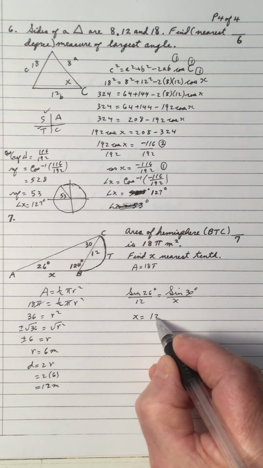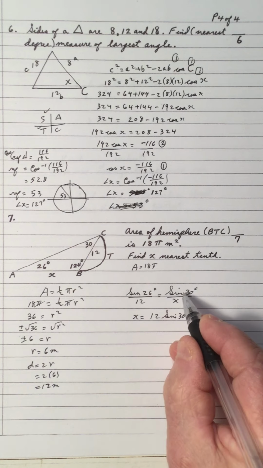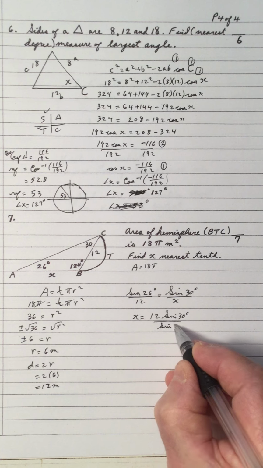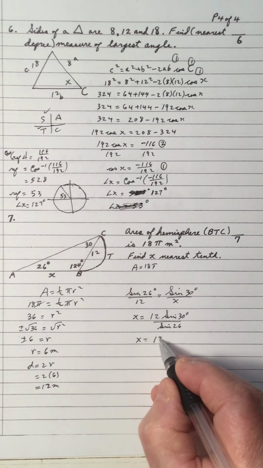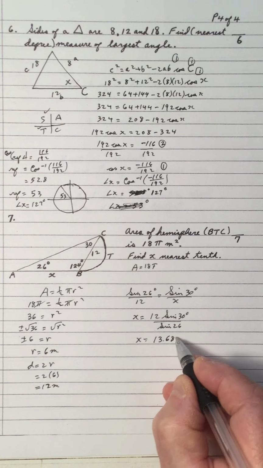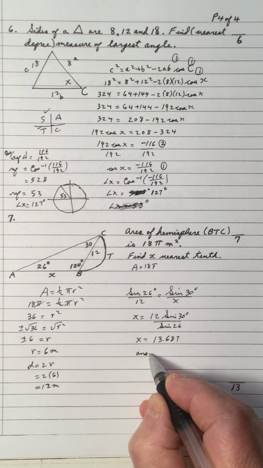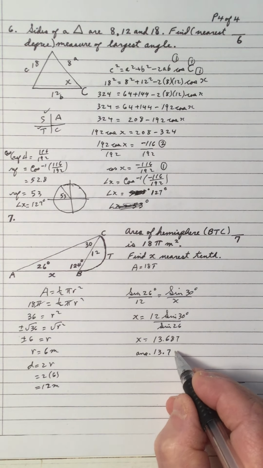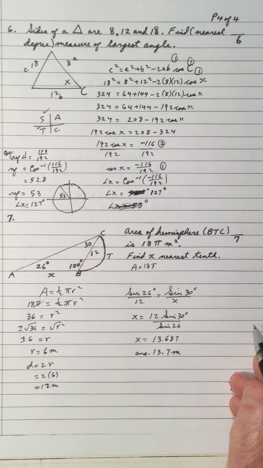X equals 12 times sine 30 divided by the sine of 26. So x equals, that comes out to be, with a calculator, like that. And so the answer, to the nearest tenth, is 13.7. And it's the length of the side, 13.7 meters.